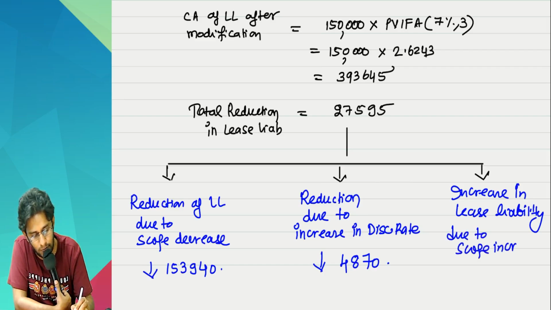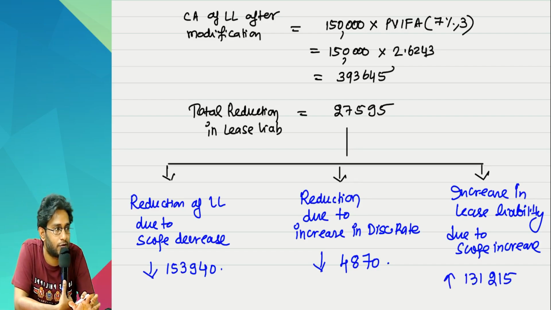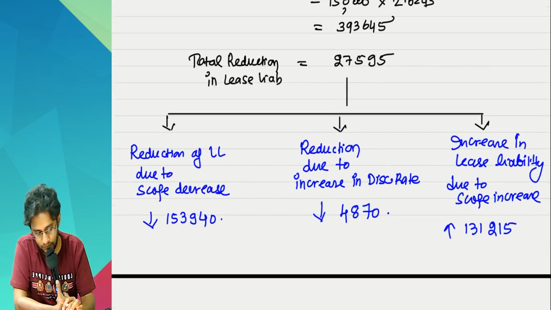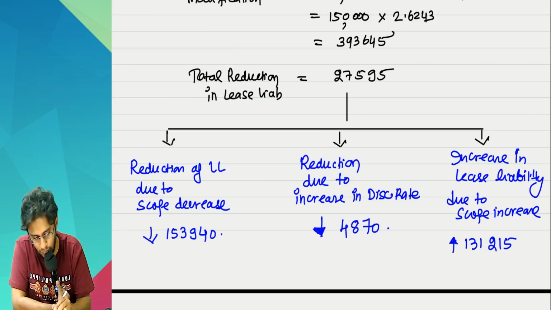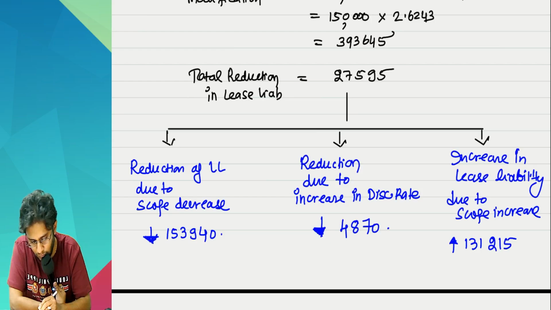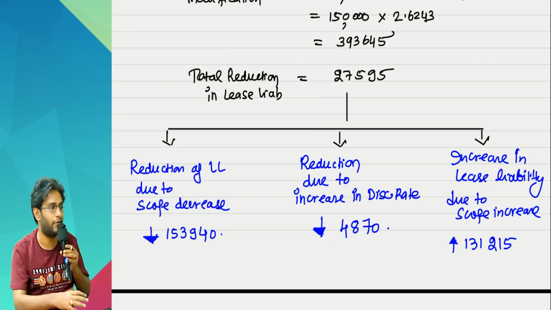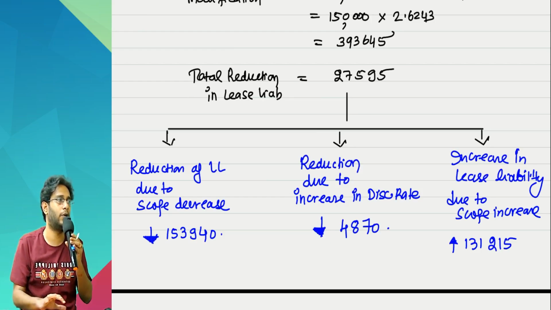131,215. Add all these three, you will get 27,595. 100% you will get. It means you will have a full analysis of what happened where and why the numbers changed.